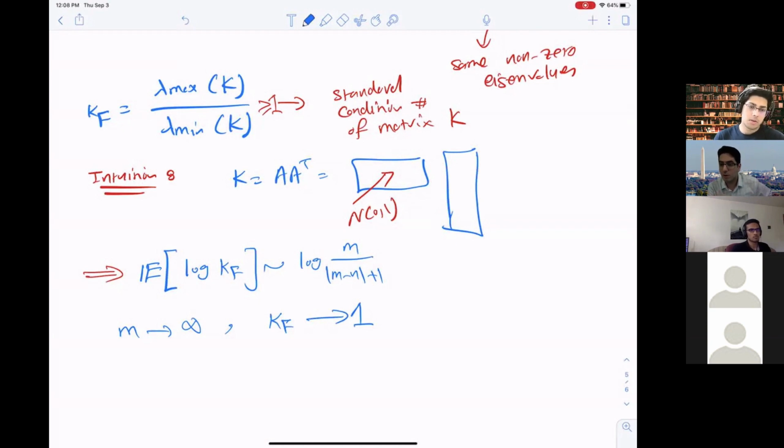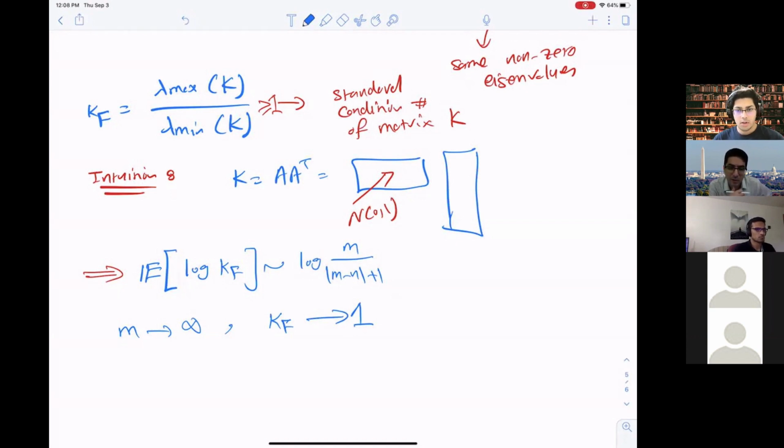Unless all of your eigenvalues are negative, you'll have a positive condition number. If you are purely concave, then you can have a negative condition number in that case. But we'll see that doesn't happen in neural networks. You have both positive and negative eigenvalues.